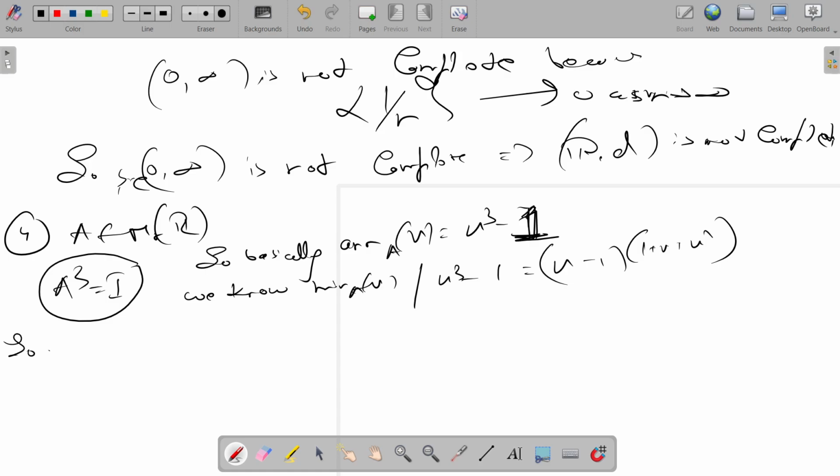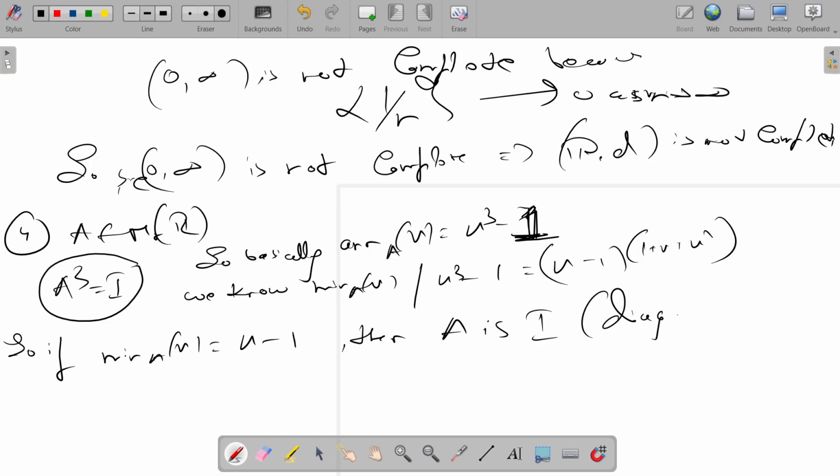If the minimal polynomial of A is x minus 1, then A is the identity matrix and diagonalizable, so for any n it will be diagonalizable.